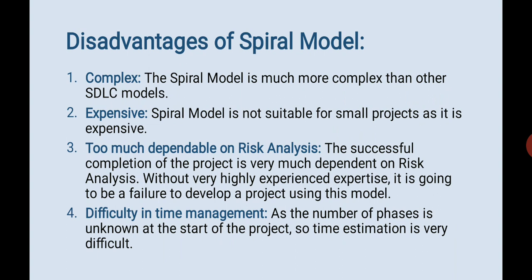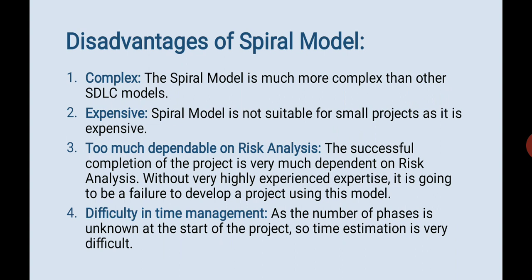It is complex. The spiral model is much more complex than other SDLC models, right? Because the spiral model's complexity is very, very high. Why? Because it has tried to incorporate from all the different software models. What it has done is that it has taken the best of all the models, and it is actually giving you the best product, the best possible solutions.